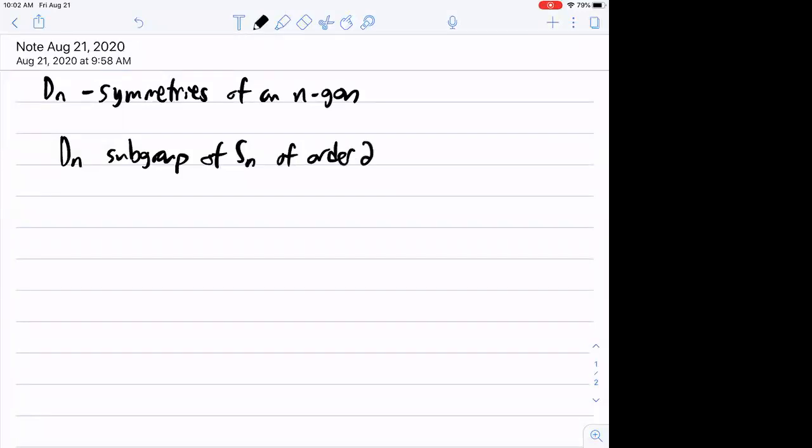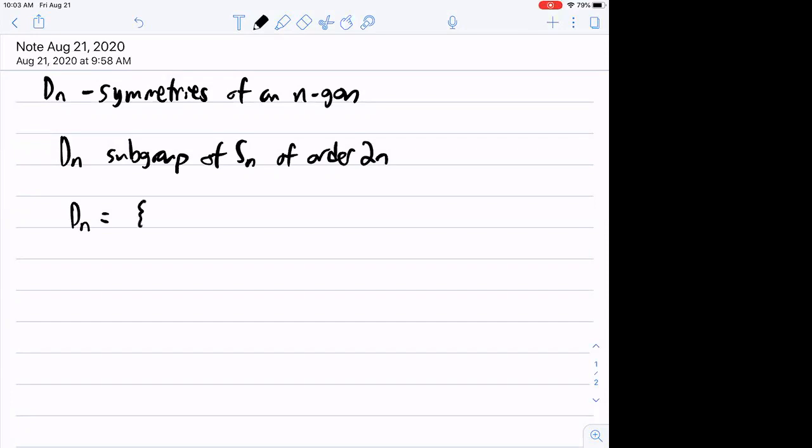In general, you have n rotations and n reflections, as we saw for the square. The square had 4 reflections and 4 rotations, so the square is D4.